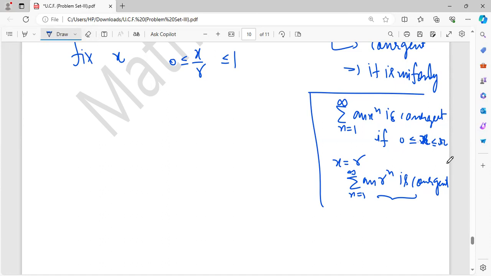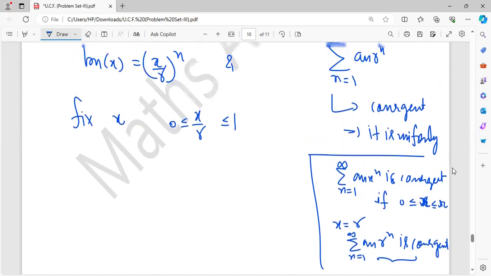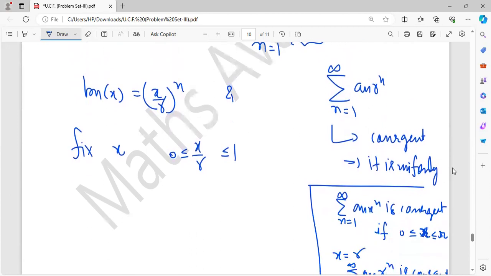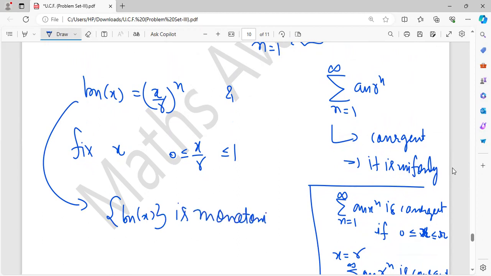And if I take x between 0 and 1, then taking powers will decrease it. So this function is monotonically decreasing.